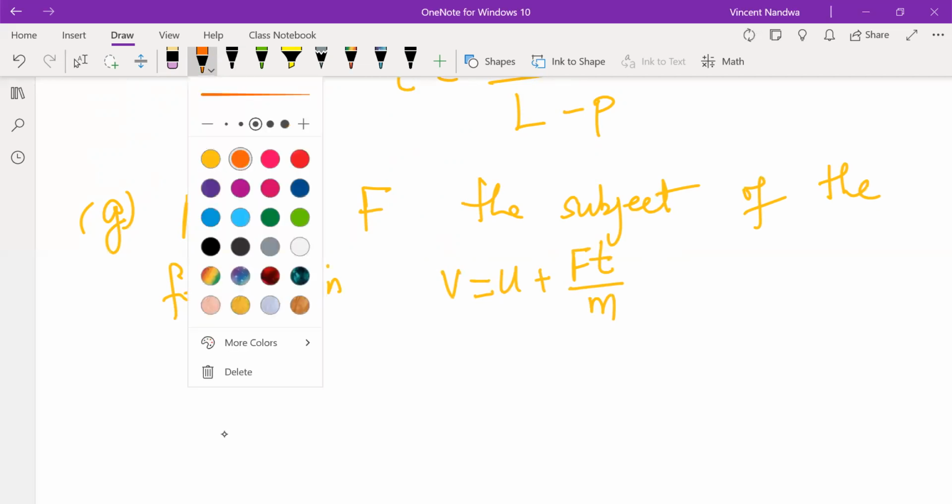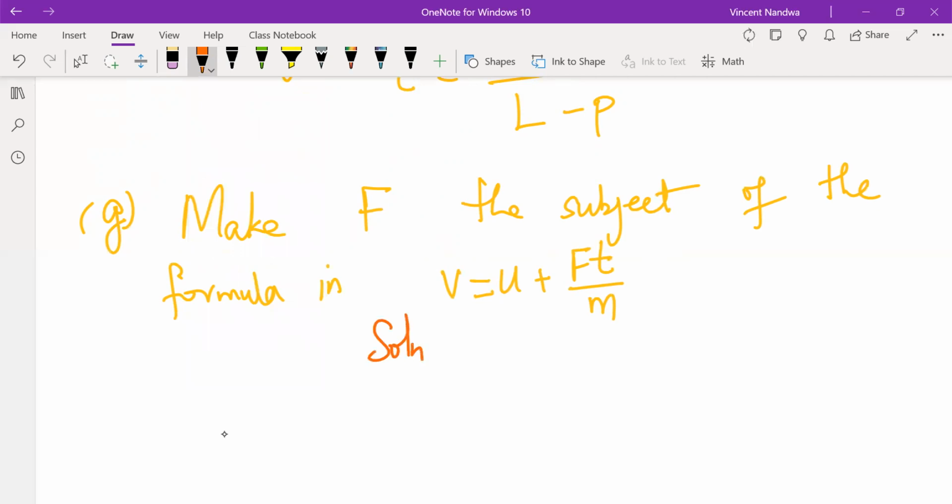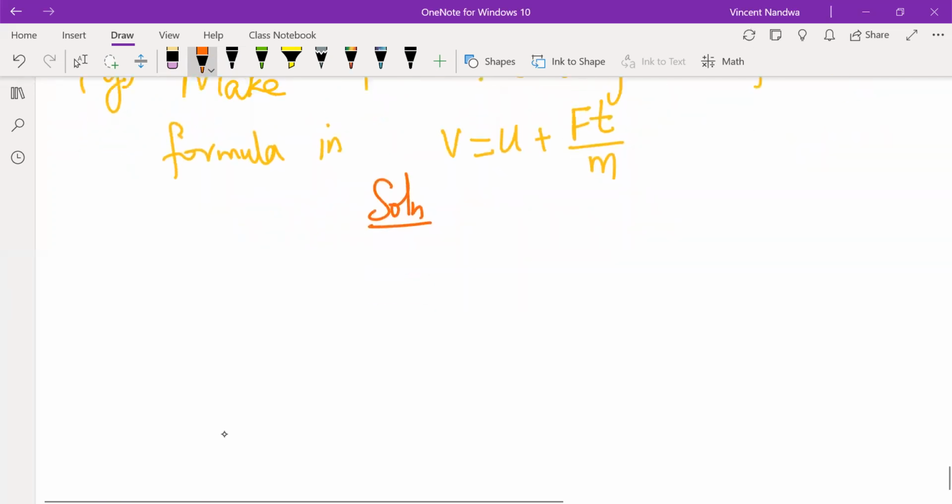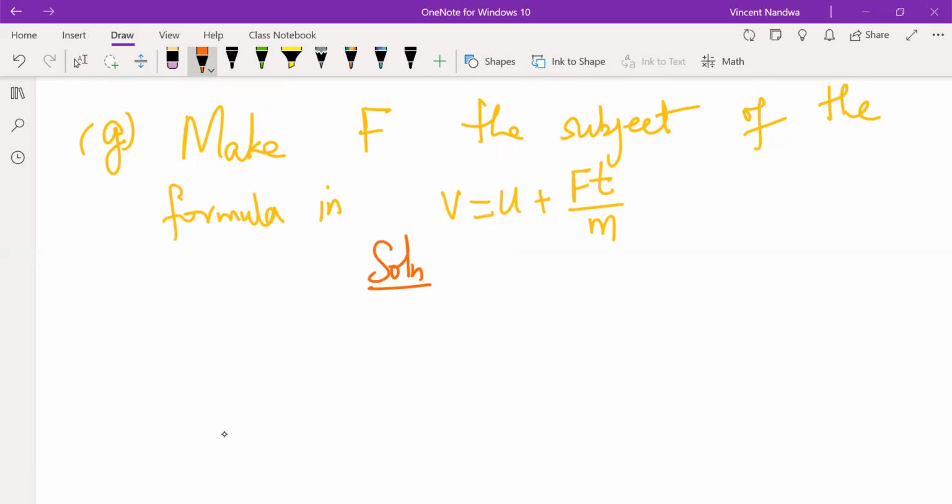So solution to this. First, I'll take u to the other side. So we'll have v minus u equals to ft divided by m.